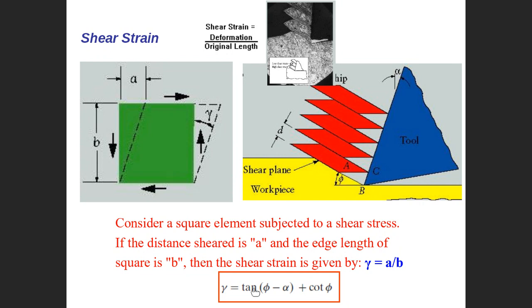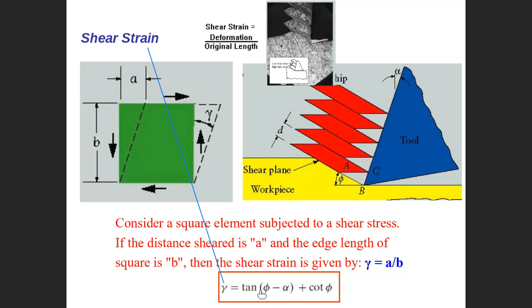From the geometry, I'm not going to spend time showing how this is obtained, because it is not shown in the book and needs some time, but the shear strain gamma is equal to tan of phi minus alpha plus cotan phi.